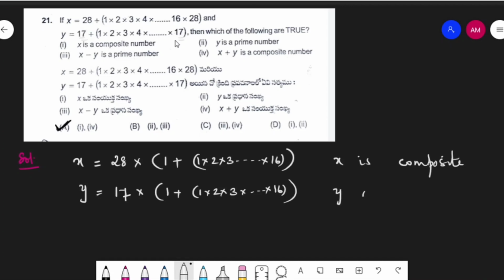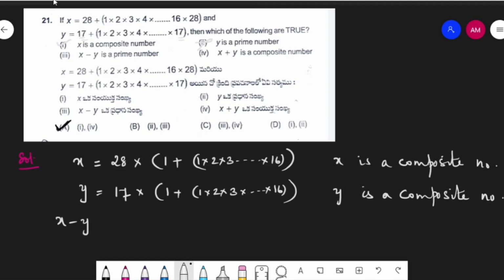So y is also a composite number. Let us check. 1 is true. Let us see the options. 1 is true. Y is prime? No. Y is a composite number, we got it. And given that x minus y is a prime in the options, let us check that.